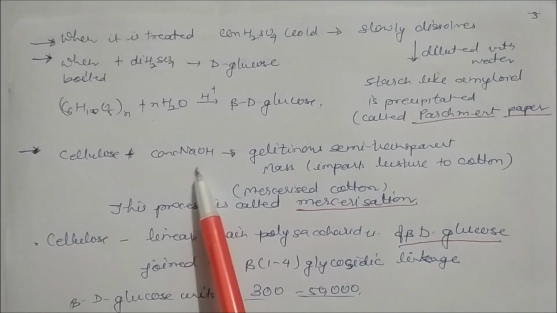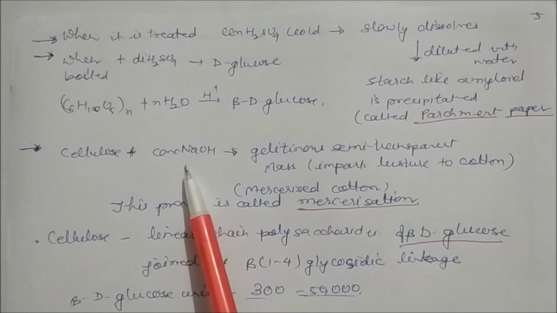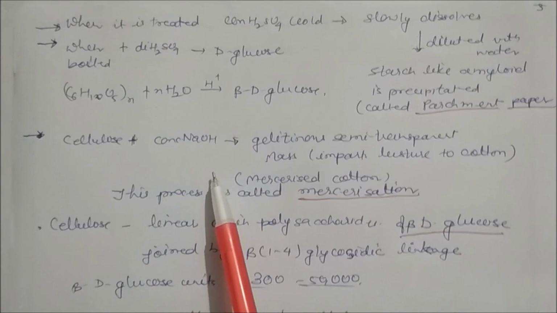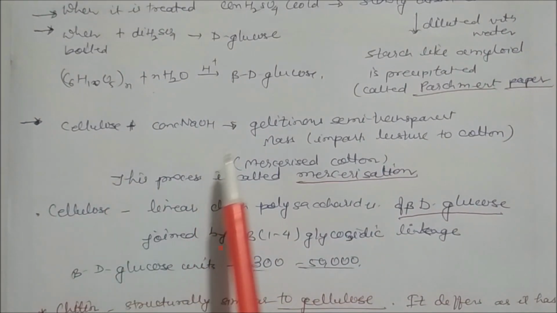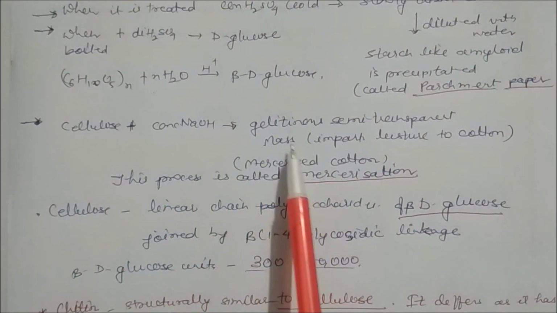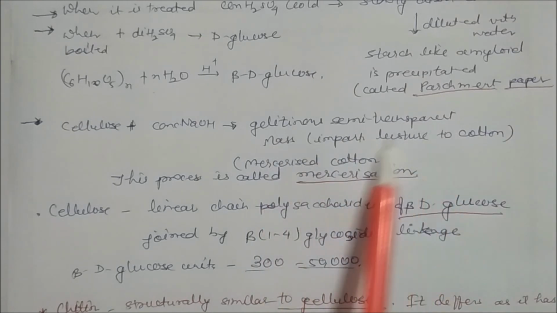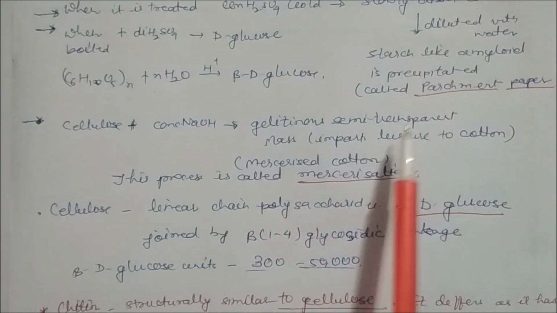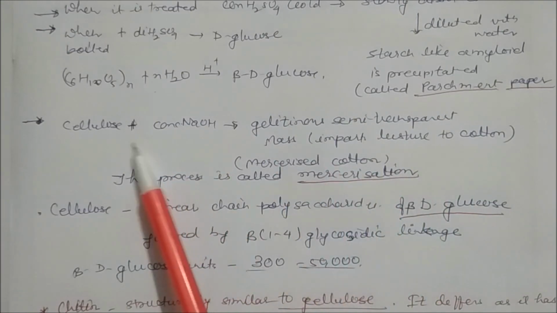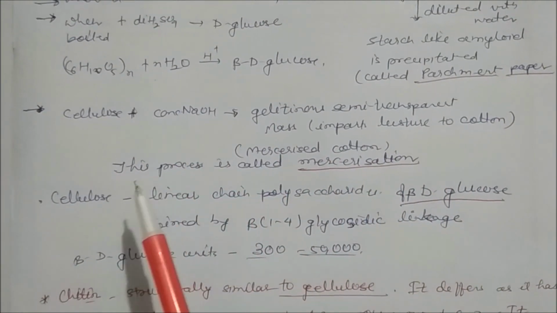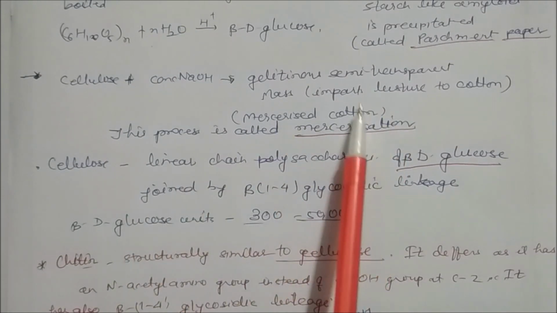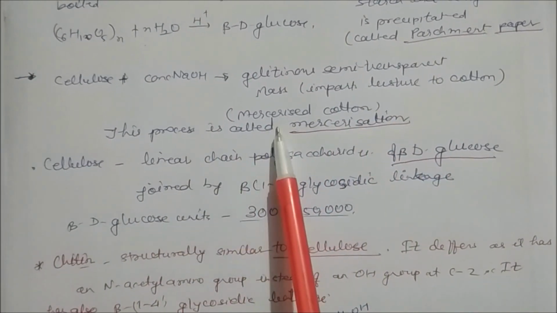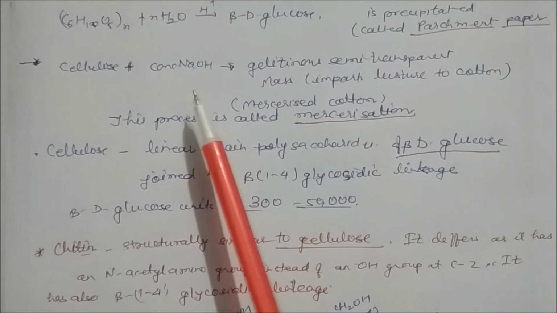If you take concentrated sodium hydroxide, the cellulose will convert into a gelatinous semi-transparent mass. This will give luster to cotton. So cotton becomes lustrous due to this addition of concentrated sodium hydroxide, and this lustrous cotton is called mercerized cotton, meaning it will undergo mercerization.